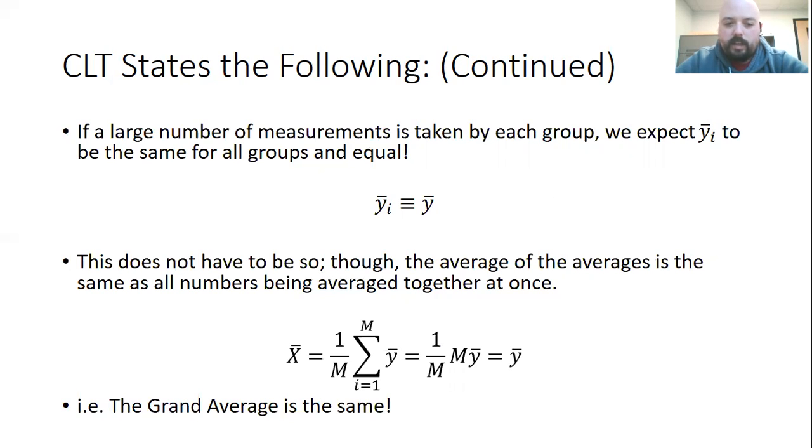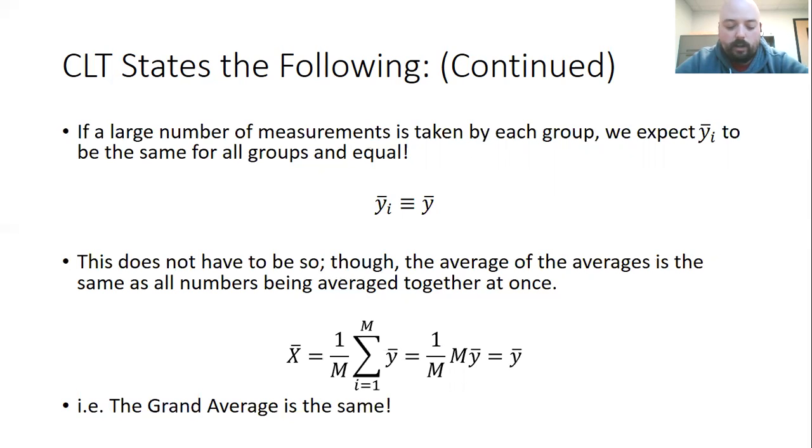Now, naturally, this does not have to be so, though the average of the average is the same as all numbers being averaged together at once. As a proof here, if each of the individual averages from each group is itself averaged, this should give us the average of the total grouping as well.